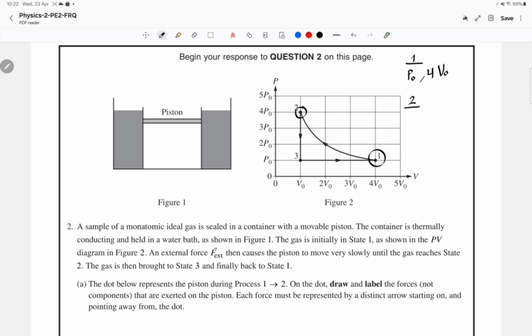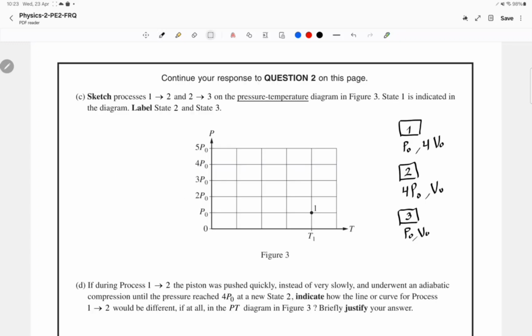In state 2, we have 4P0 and V0. And in state 3, we have P0 and V0. Okay, that's what we have. Let's take that information to the question. So right now we're at state 1, which is P0 and 4V0.